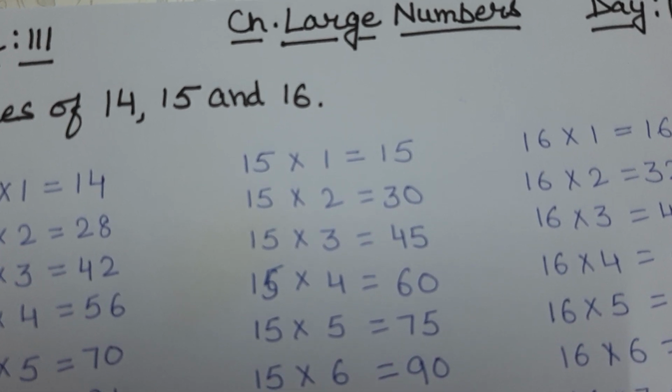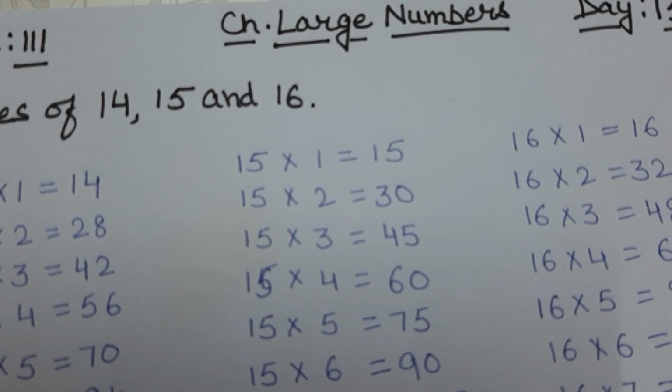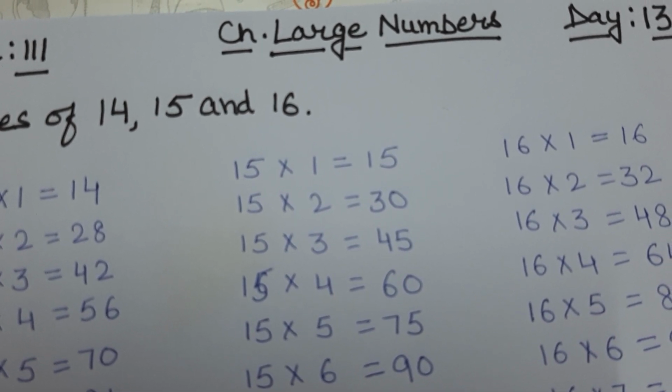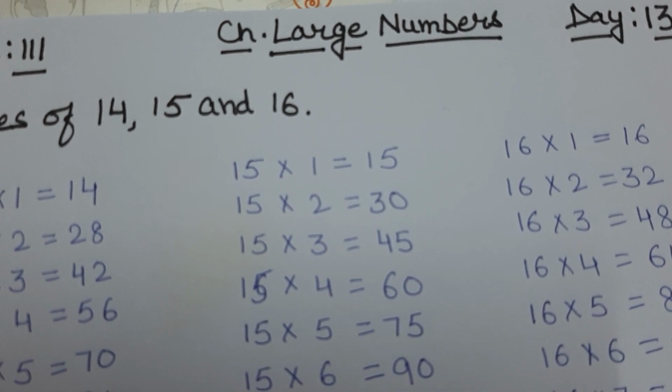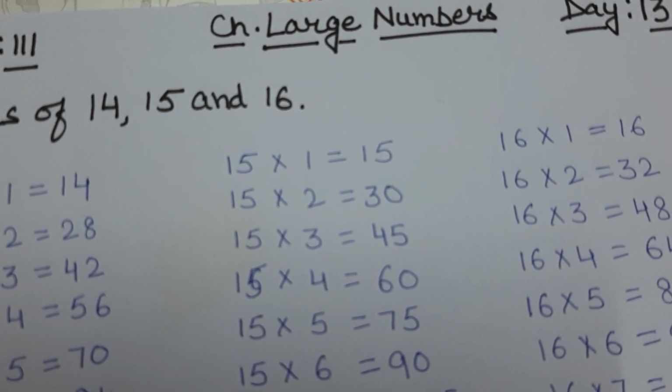So students, if you remember, on 4th of May, I gave you three tables of 11, 12 and 13, and I asked you to write those tables twice every day.